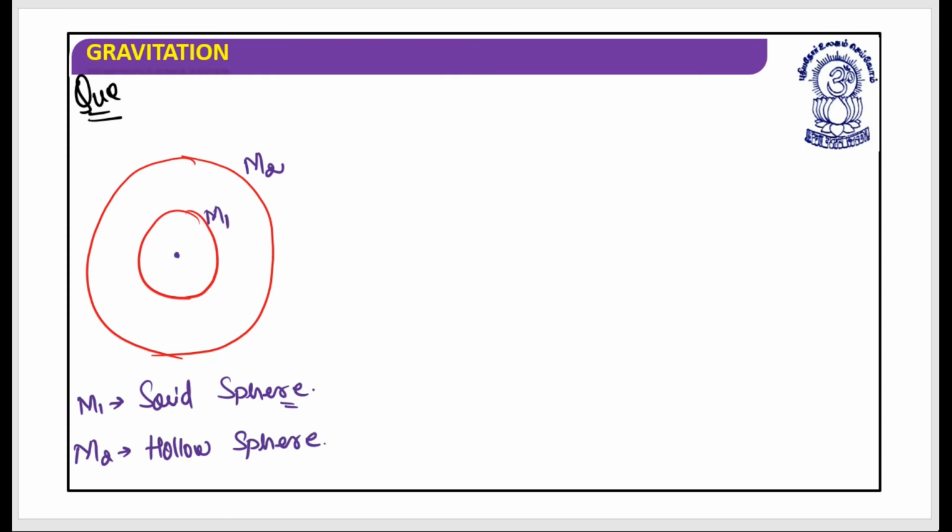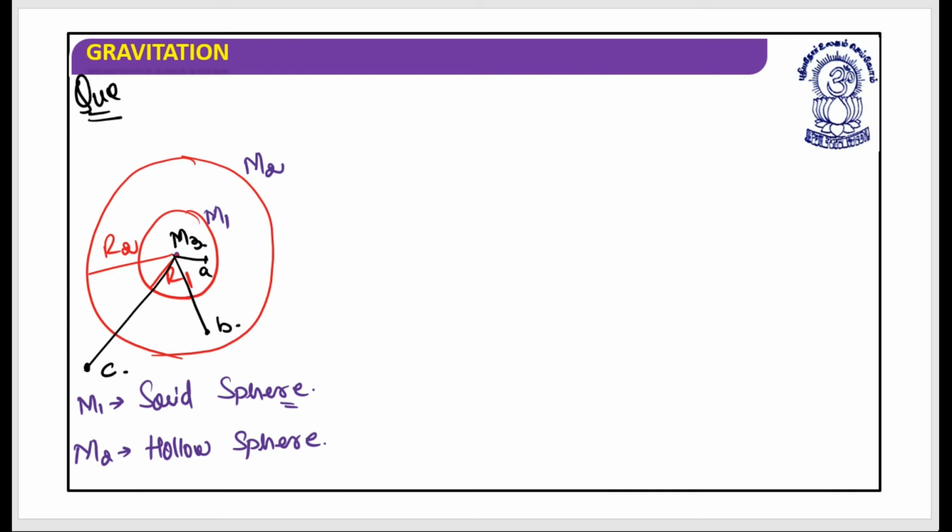Let's put m3 at the center. This is r1, this is r2. This is location A, this is location B, this is location C.